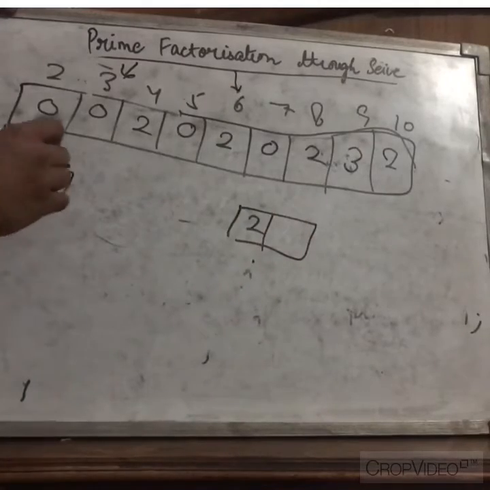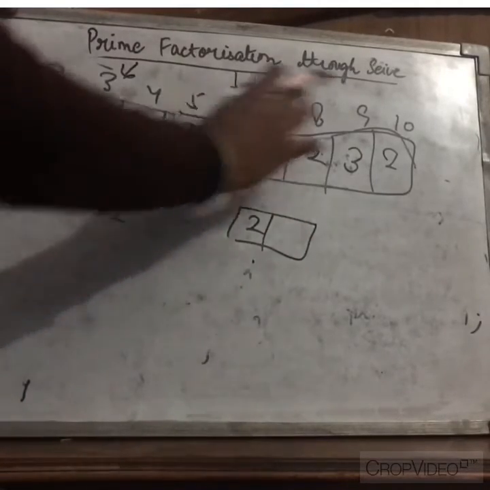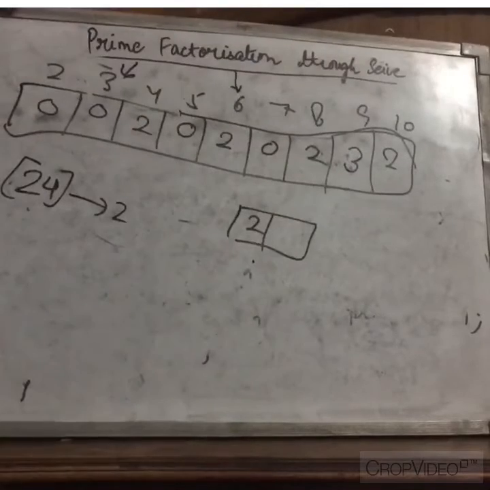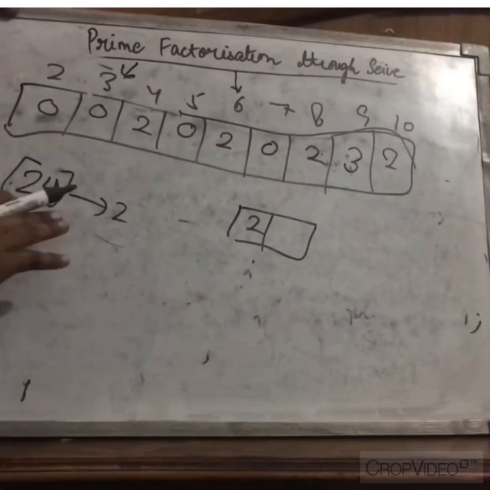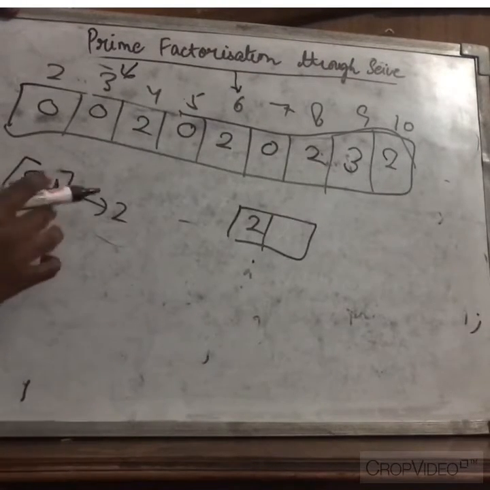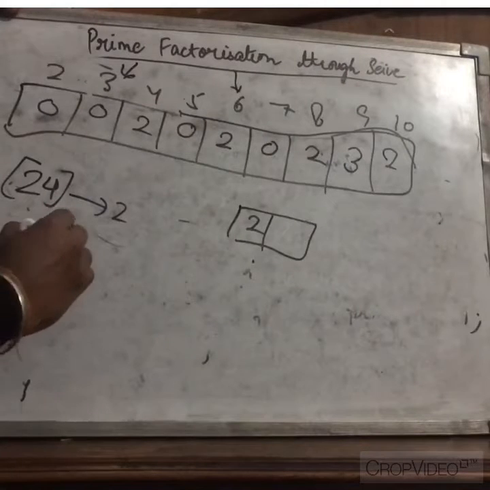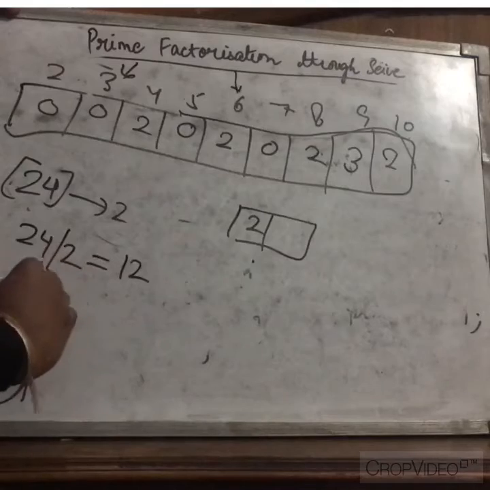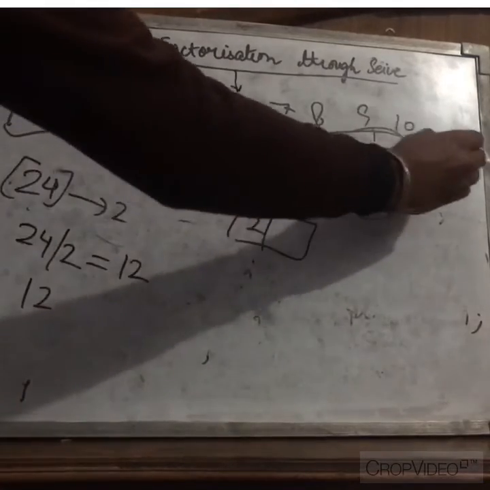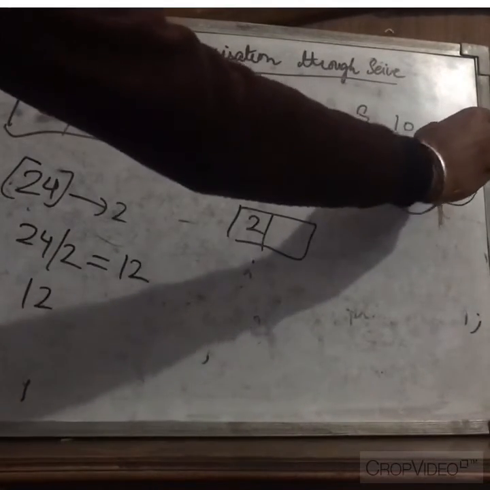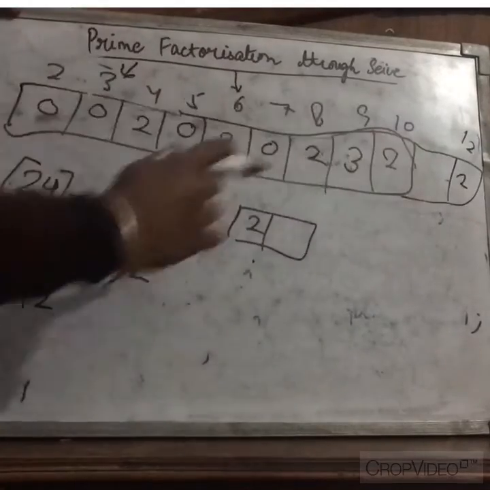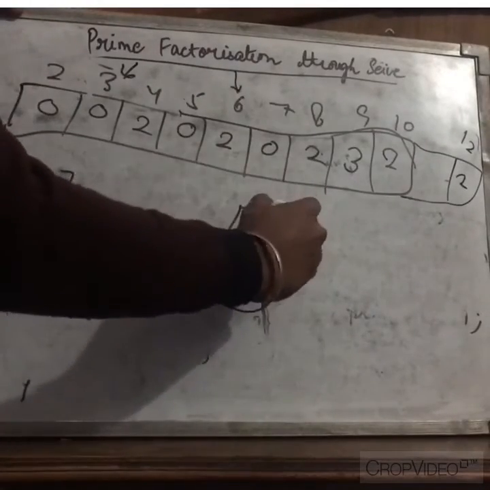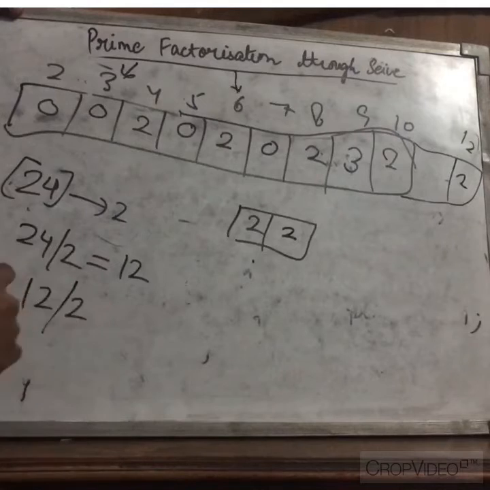Then divide 24 by 2. What do we get? 12. So jump to 12. What will 12 be storing? 12 will also be storing 2. So again push 2 into the array and divide by 2.